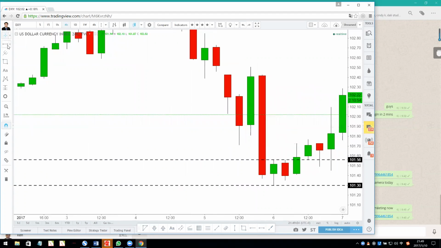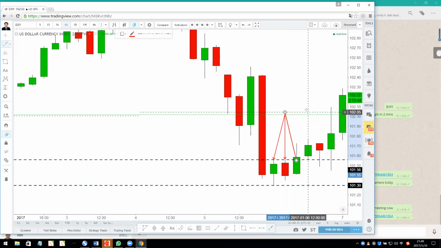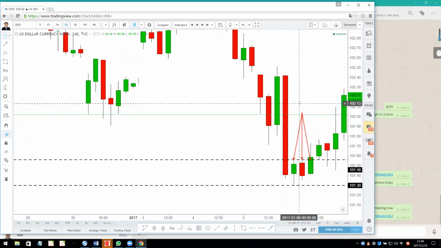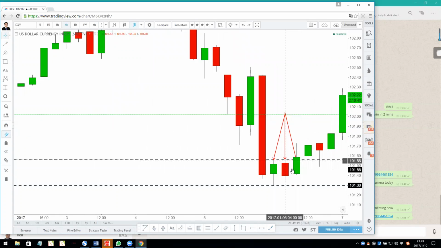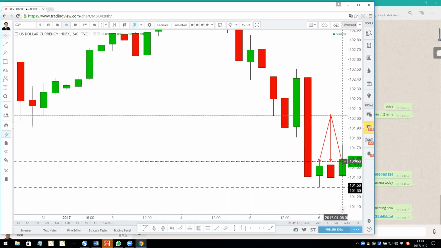Do you see the price come to test this level one, two, three times? What does this third test mean? It tells me that now 101.56 is acting as a what? These three candles tell you what?